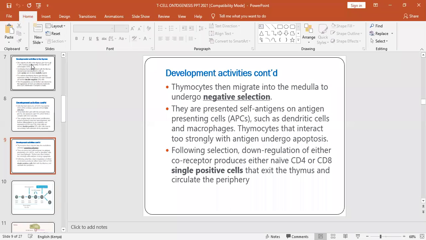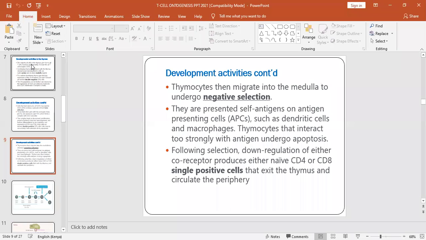And it is in the cortex region that these T cells acquire the ability to recognize self antigen. In other words, they recognize an MHC molecule. So any T cell that does not recognize an MHC molecule is given the signal to die, because it is not going to be of any use. That is a useless T cell.